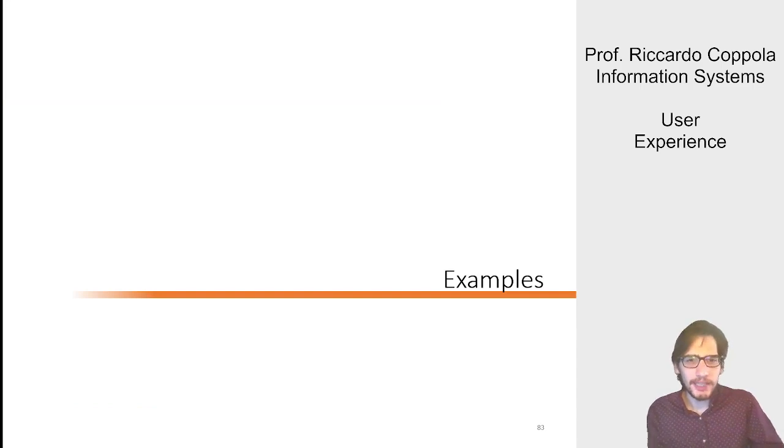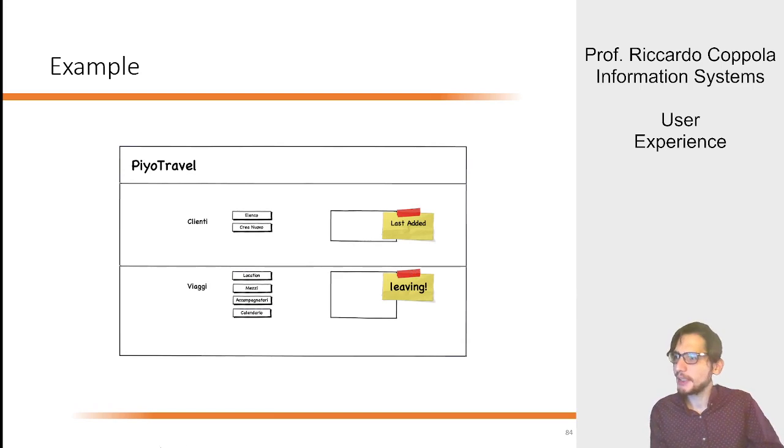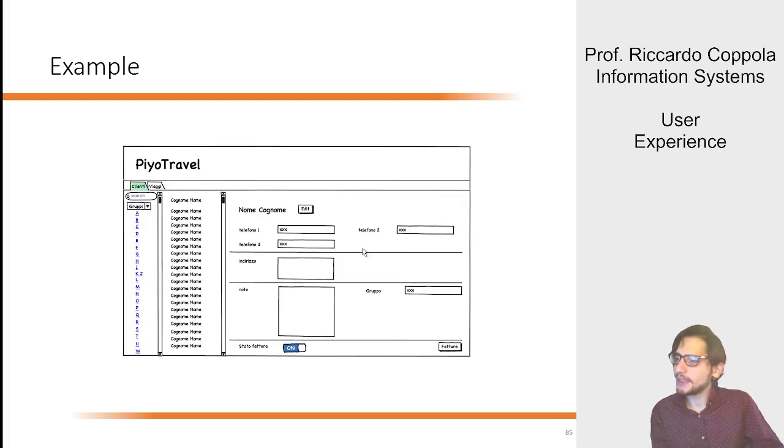Finally, just to see a couple of examples and to close this class, we can consider another example of mockup and wireframe. In this case, this is a mockup of a trip website. We have customers and trips, sorry for the Italian element. Here we have a very high-level mockup done with Balsamiq.